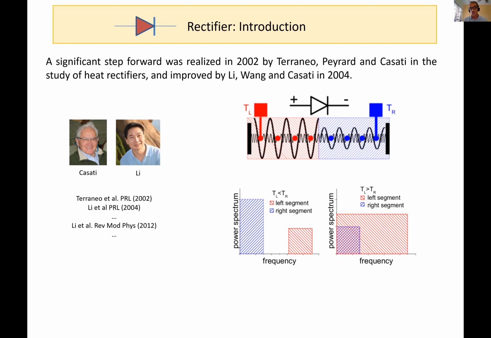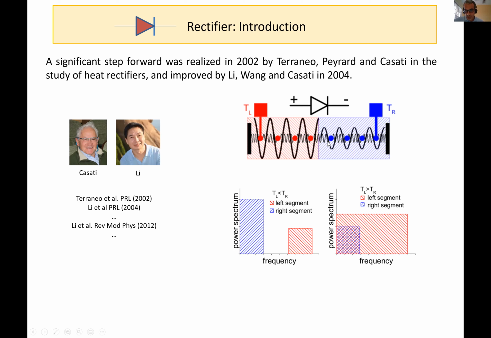So let's take segmented chains. The key mechanism for this, which is actually critically important also for what I'm going to discuss later on for the quantum system, is to look at the power spectrum in each half of the chain when the system is not coupled, and how it depends on the temperature.